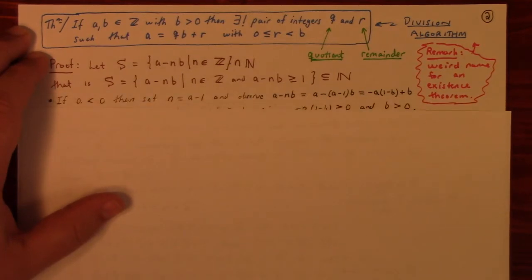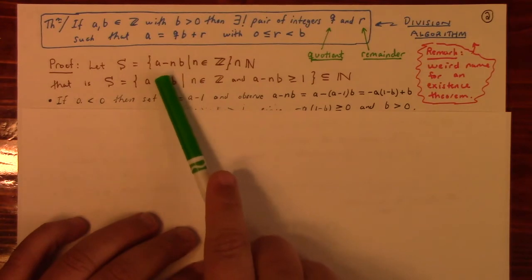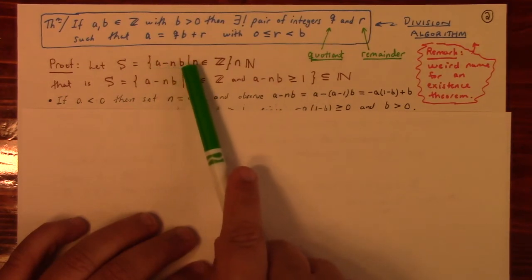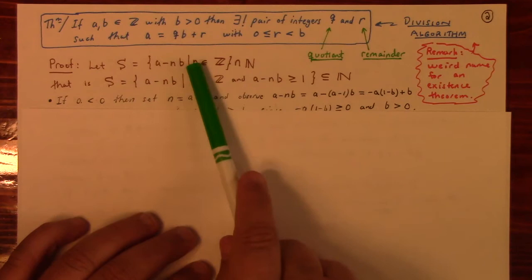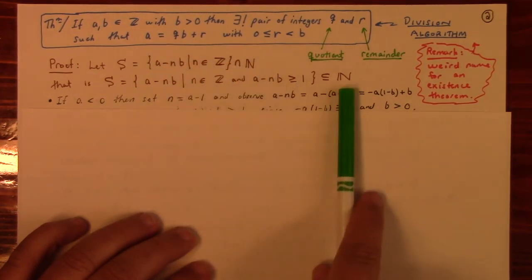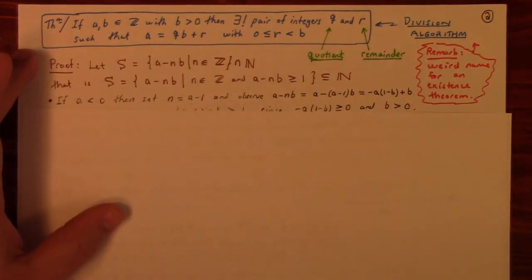So here we go, proof. What we do is we look at the set of all numbers that are obtained from a minus a multiple of b, minus some n times b, intersect with the natural numbers. So this is, by necessity, a subset of the natural numbers, all right? And it's easy enough to argue that it's non-empty.